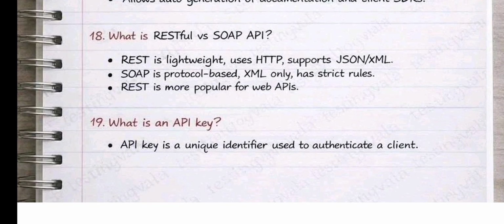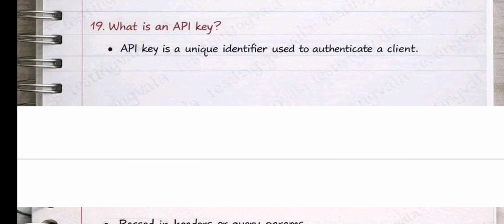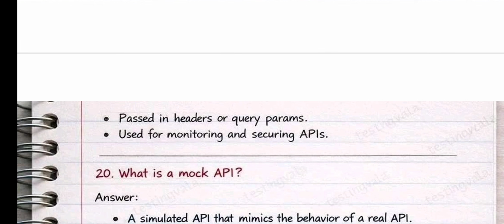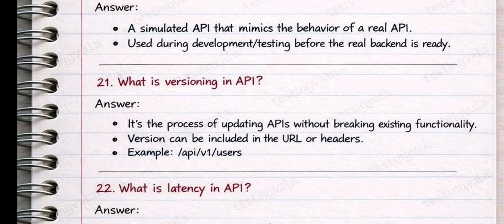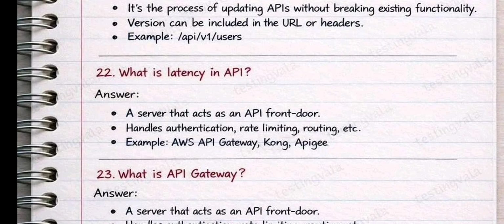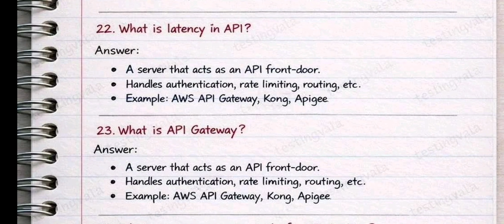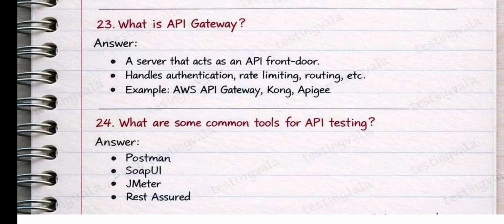What is RESTful versus SOAP API? What is an API key? What is a mock API? What is versioning in API? What is latency? What is an API gateway?